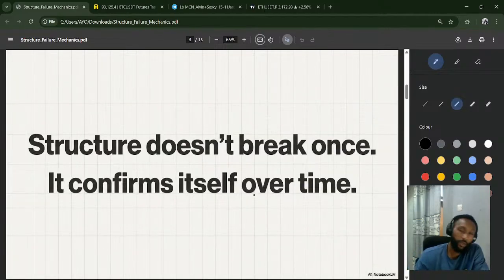Structure doesn't break once, it confirms itself over time.